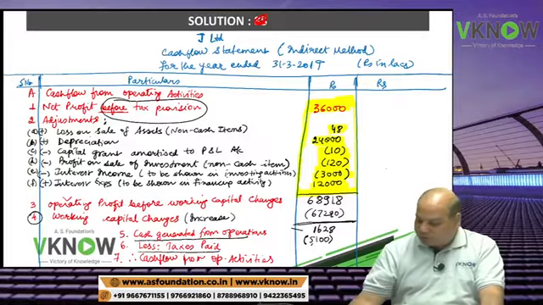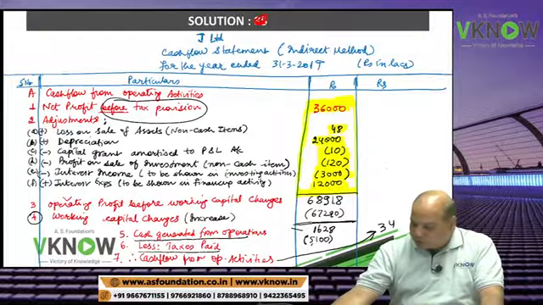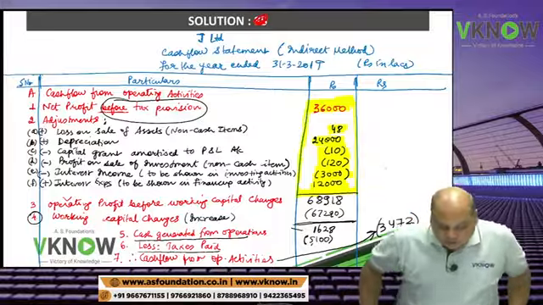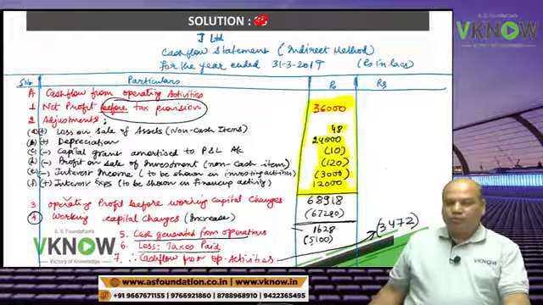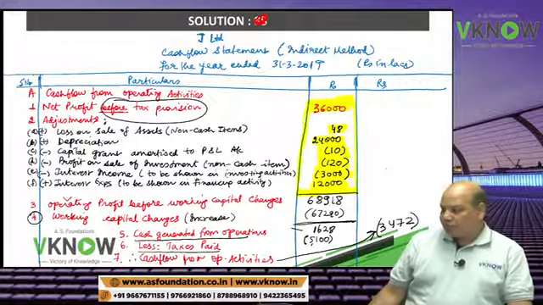So this will give me cash flow from operating activity in the outer column, 3472 in bracket. Check. Cash flow from operating activity.